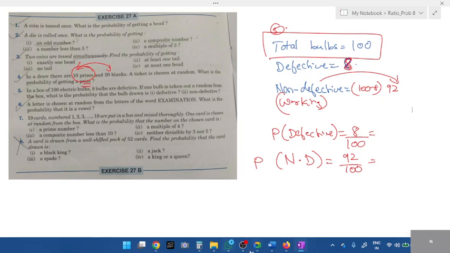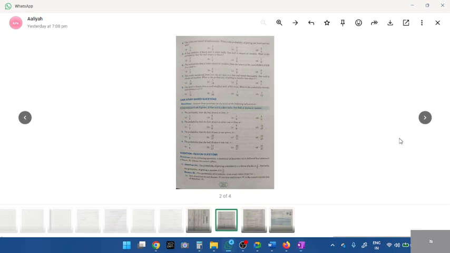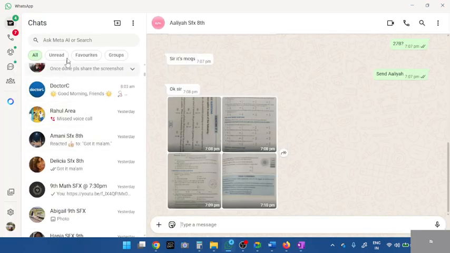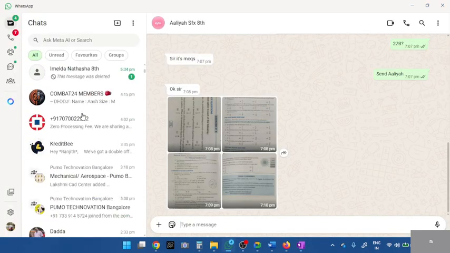Yesterday, who had sent me the portions, students? Amita, right?